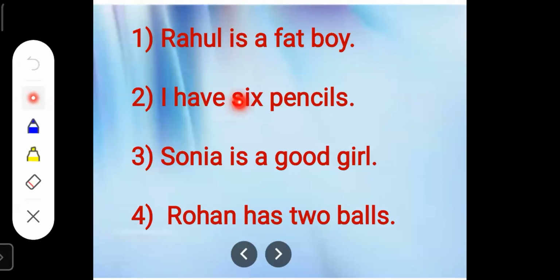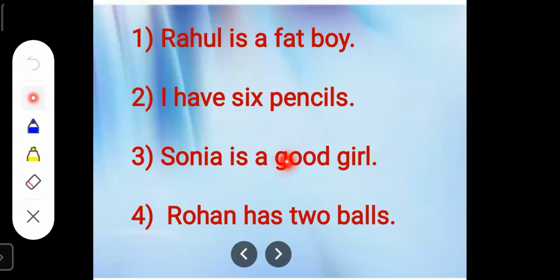Next is, I have 6 pencils. Pencil is a naming word. The word 6 tells us how many pencils there are. So 6 is a describing word. Next is, Sonia is a good girl. Sonia and girl are naming words. The word good tells us what kind of girl Sonia is.